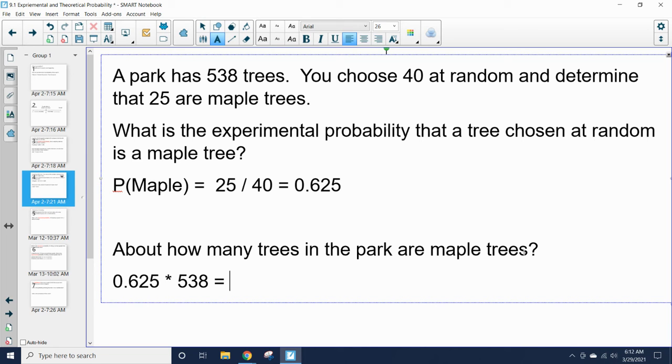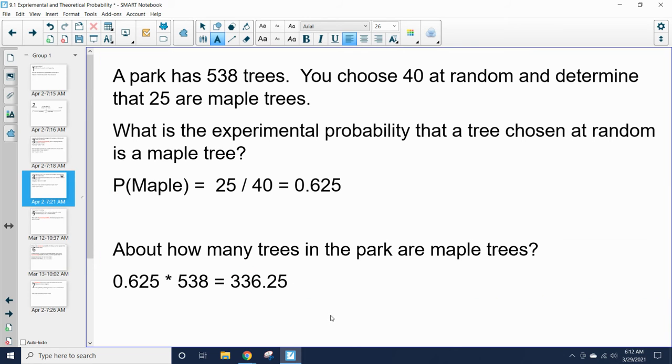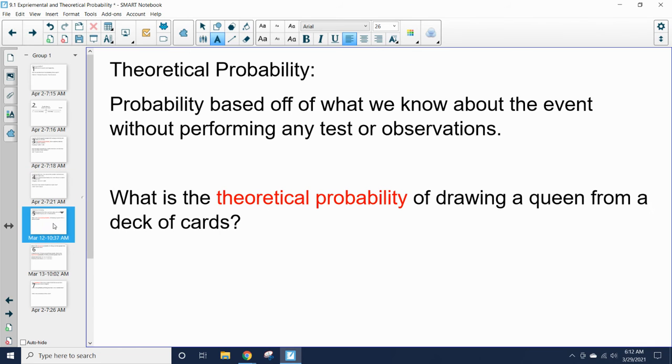So we'll do 0.625 times 538, and we got 336.25. So roughly about 336.25 trees in the park should be maple. Now, once again, it doesn't mean it is automatically maple, but it should be based off our example that we've done so far. All right, moving on.